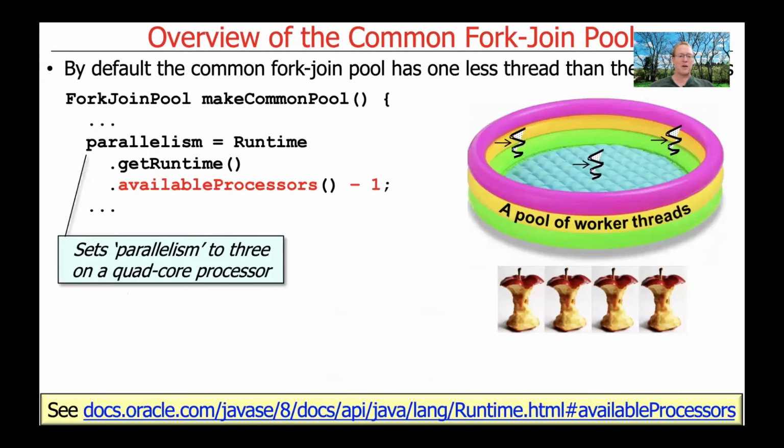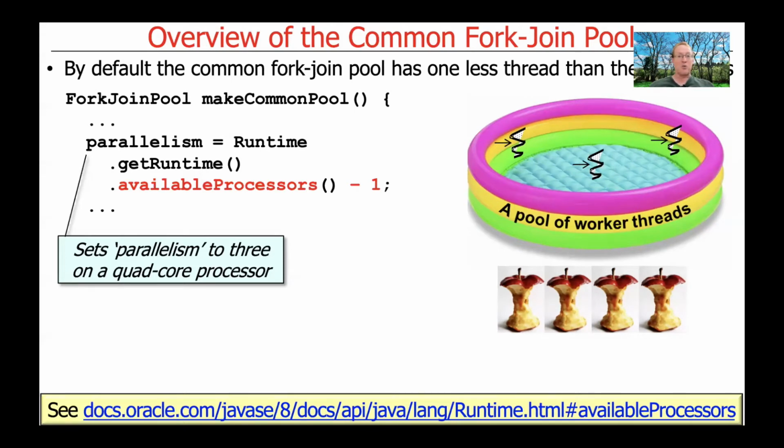It's pretty cool. By default, the number of threads in the common fork join pool is one less than the total number of cores available to the underlying processing engine. And you can see here, just as an example, if we have a quad core processor with non-virtual cores, or just regular good old cores that are not hyper-threaded, then in that case, the size of the common pool will be the number of cores minus one.